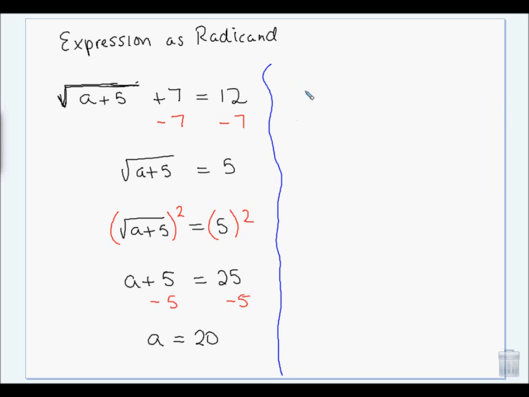another example. Here I have a constant out front. Same basic steps though, I'm going to subtract that from both sides.